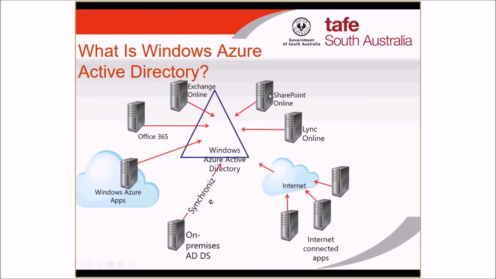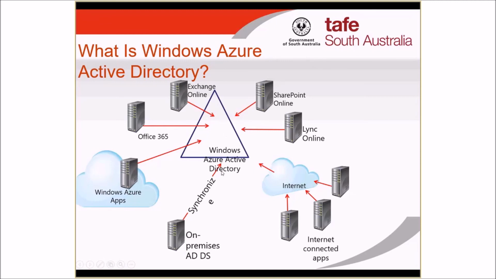It's hosted in the cloud. We can have Lync, Skype for Business, SharePoint, Exchange, email, and all the authentication. Remember how we can log into our email and our Office 365, all with your TAFE-SA credentials? Where are they coming from?